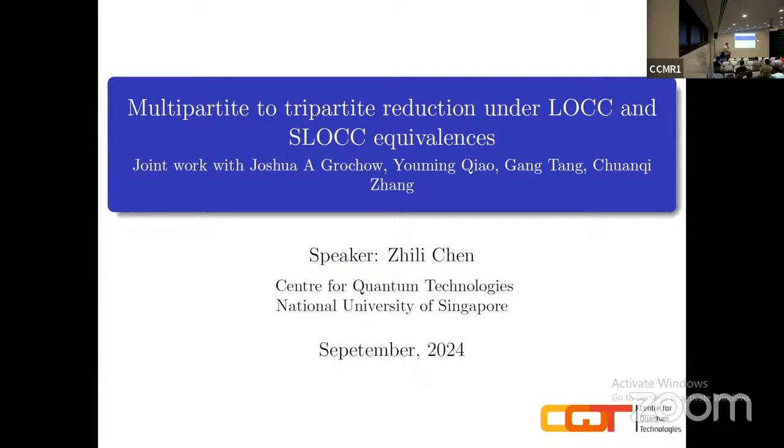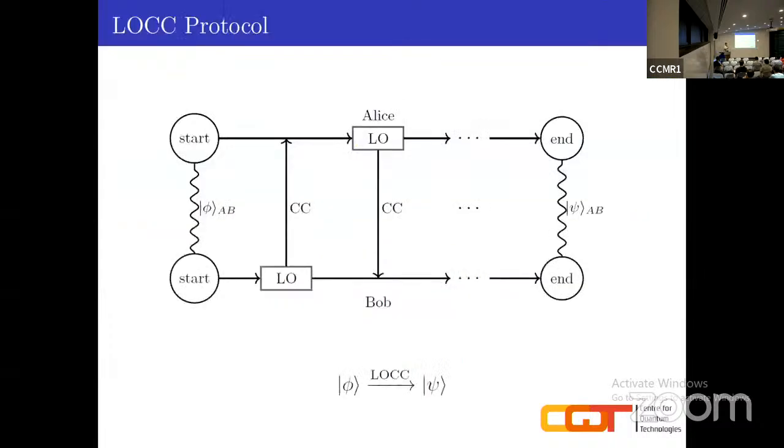Okay, so first let's have a quick look at the definition of LOCC. Here is an example for two-partite LOCC. In the beginning, Alice and Bob share an entangled state, and they can have multiple rounds of local operations and classical communication.